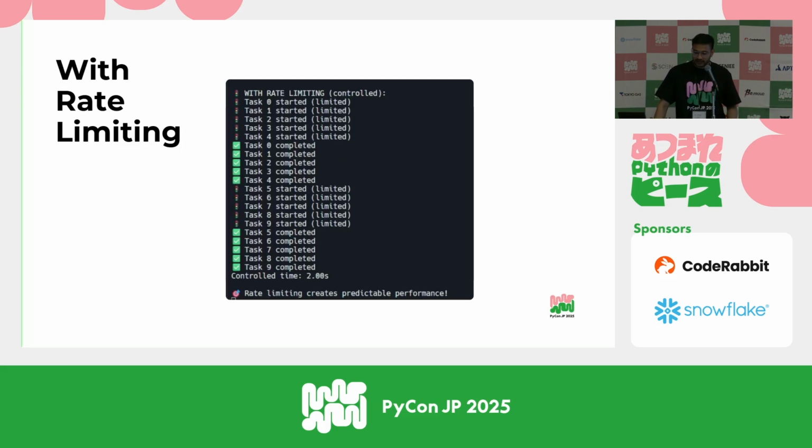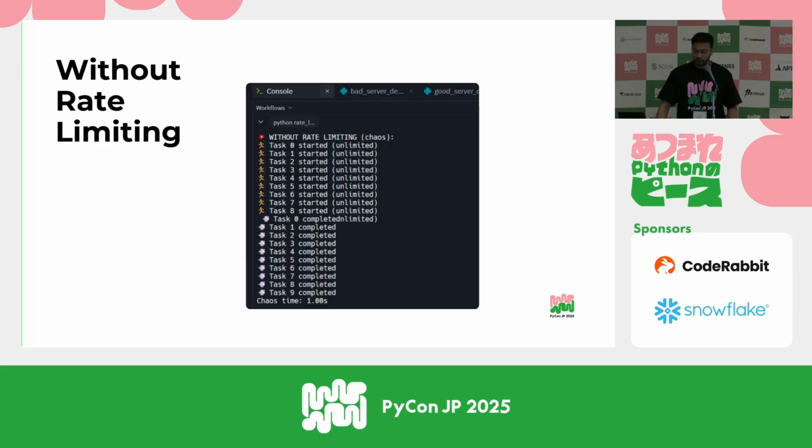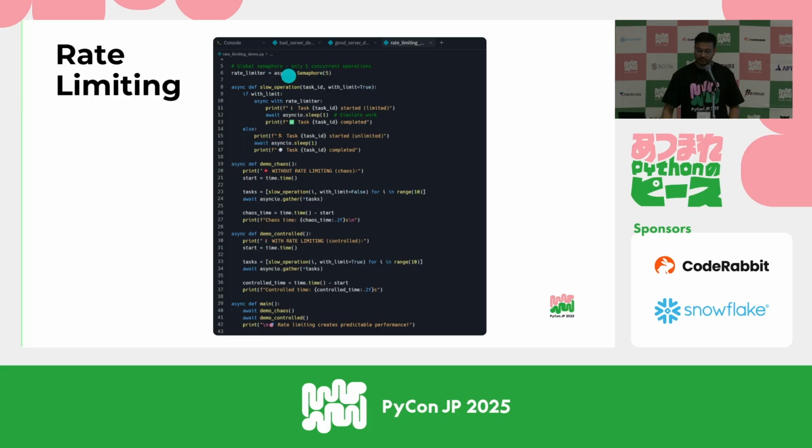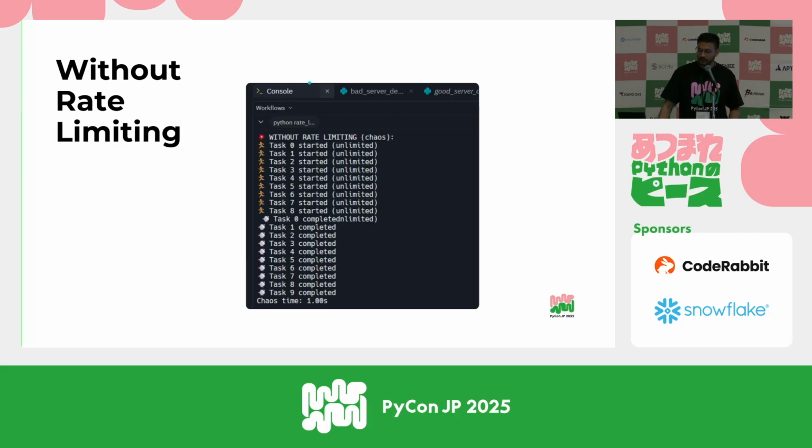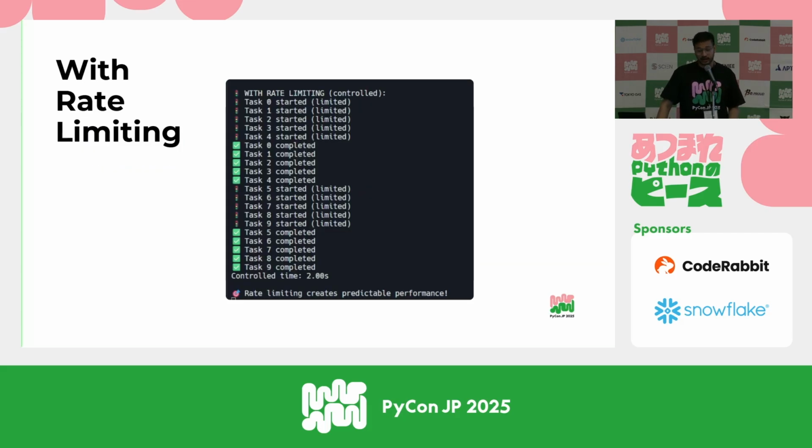In the demo which I have created, I've taken a semaphore pool of 5. So only 5 tasks are executed at a time. It will be a batch execution. Once the 5 tasks are completed, the next 5 will be taken. With rate limiting, we have control. It took 2 seconds, which is slower, but it is controllable and predictable.